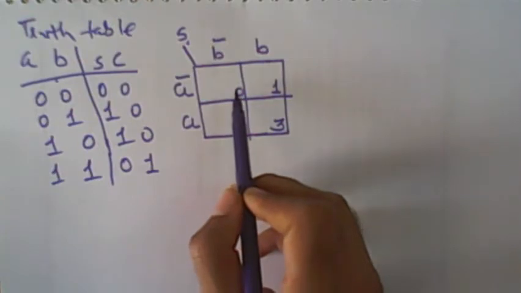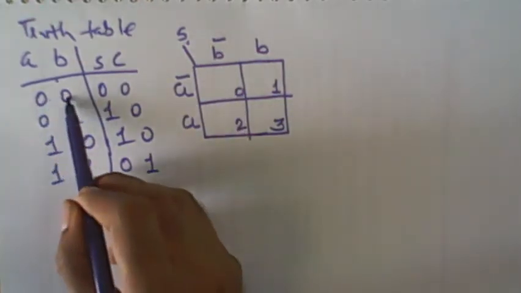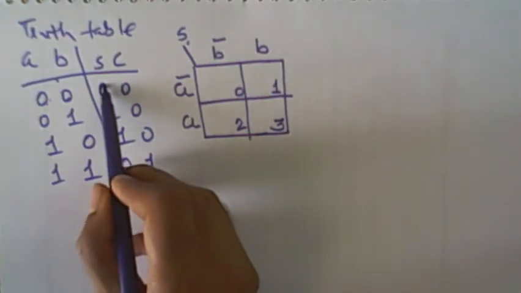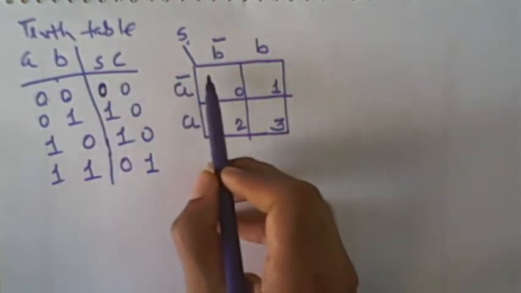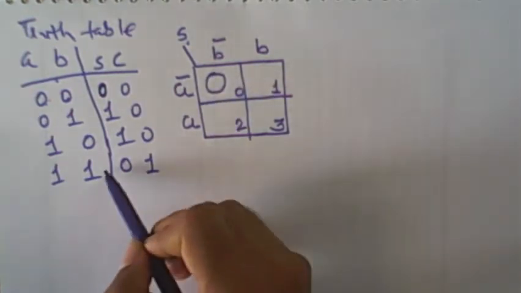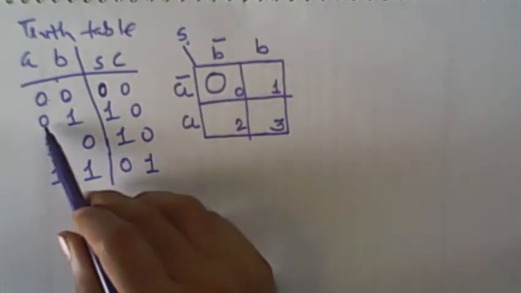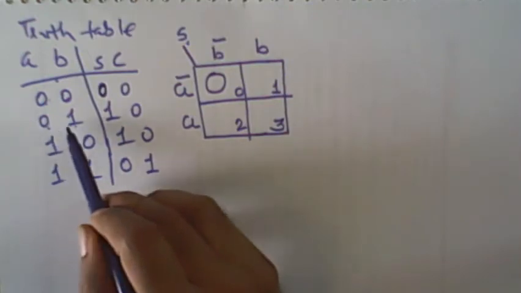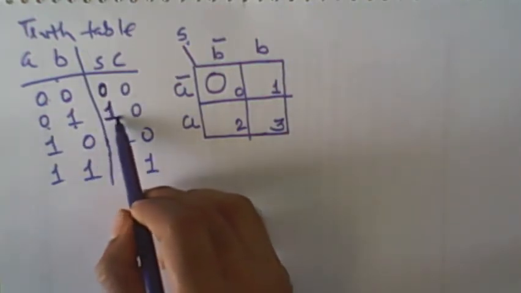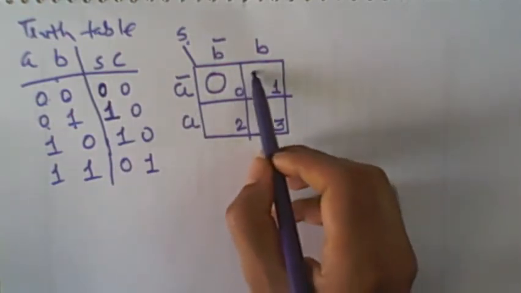For minterm 0, when A and B are 0 0, the sum bit is 0, so we map this 0 here. For the input 0 and 1, minterm 1, the sum bit is 1, so this 1 is mapped here.